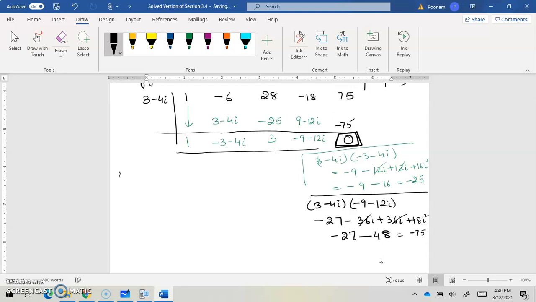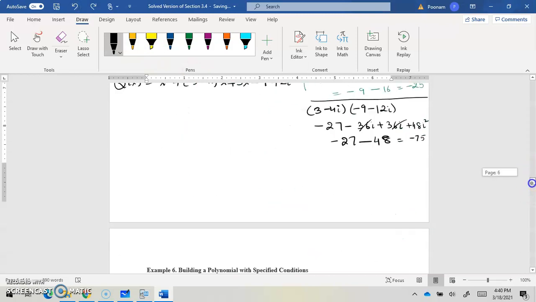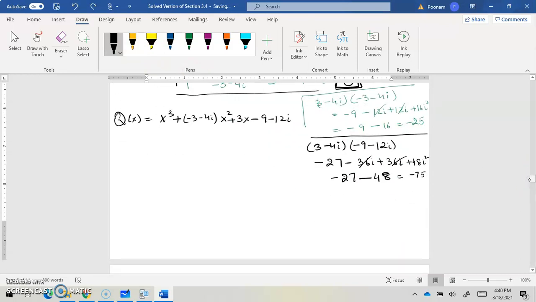So we can say the quotient is this with the degree of 3. So x cube plus negative 3 minus 4 iota x square plus 3x and this. Also, we know that 3 plus 4 iota is also a zero, right? So that means we should divide the quotient by that factor. So let's try 3 plus 4 iota.